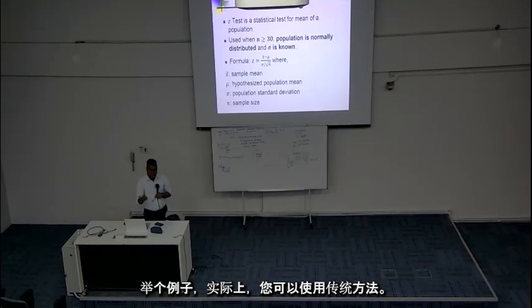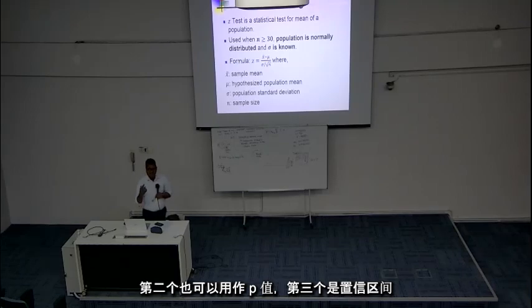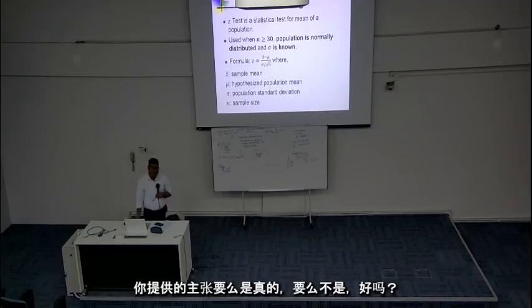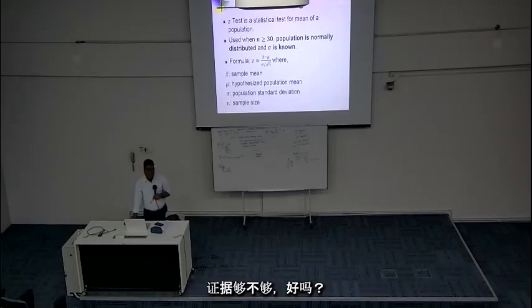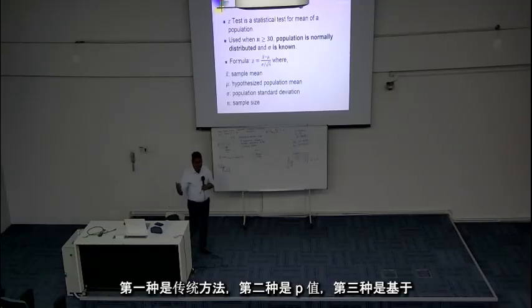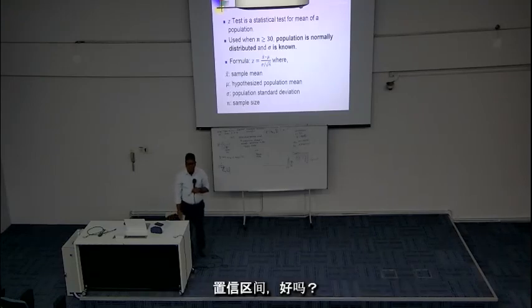You can use the traditional method, the p-value, and the confidence interval to make a decision on whether the claim is true or not, whether there is enough evidence or not. Make a decision based on these three things.